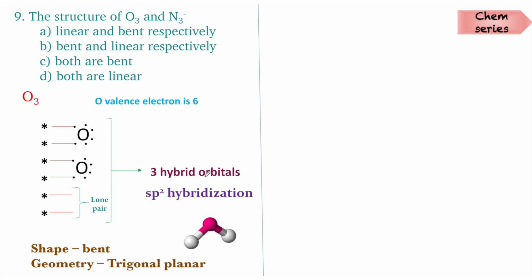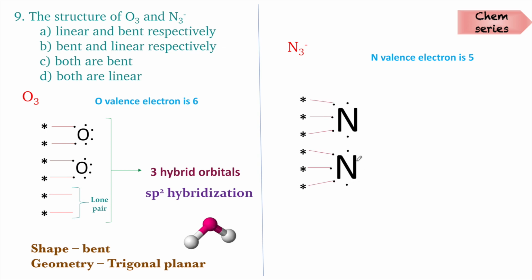Now coming to N3 minus, one of the nitrogen will be your central atom and its valence electron is 5. N3 minus has a charge, right? So 1 excess electron is there, so totally 6 valence electrons are there, and you see the remaining 2 nitrogen atoms will take up all of the valence electrons of the central atom to form 2 triple bonds.